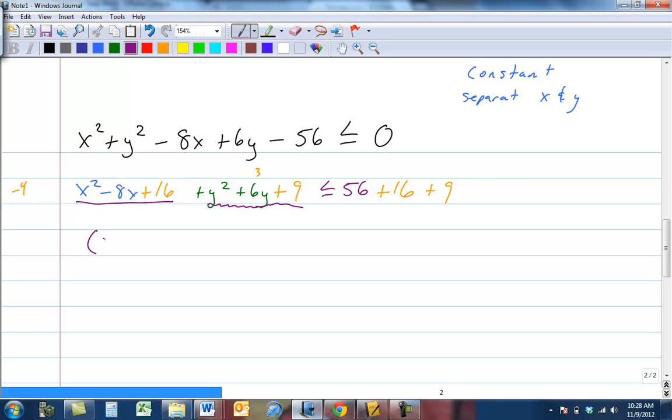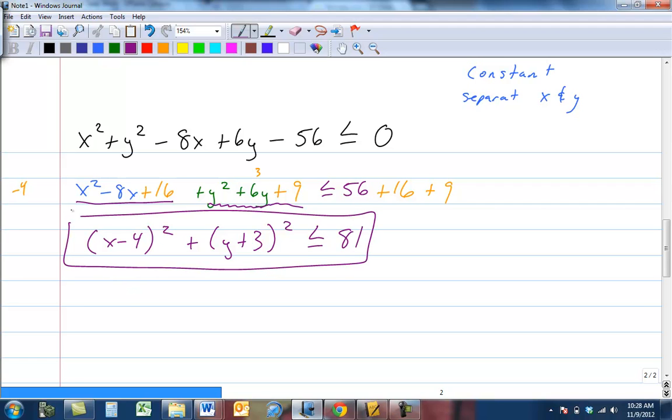So now I'm at x minus 4 quantity squared plus y plus 3 quantity squared is less than or equal to, add this up and you get 81. So there's our graphing form. Our center is the point 4, negative 3, and our radius is 9.